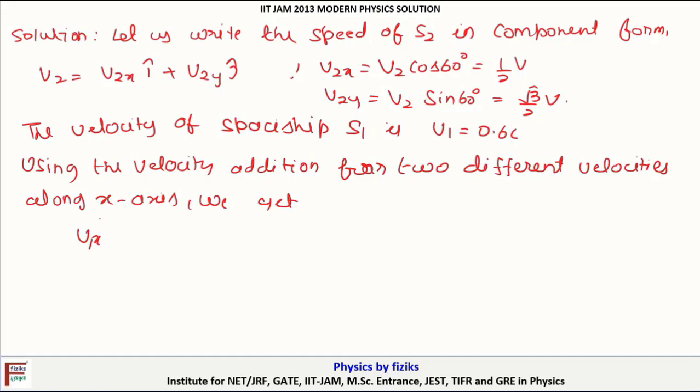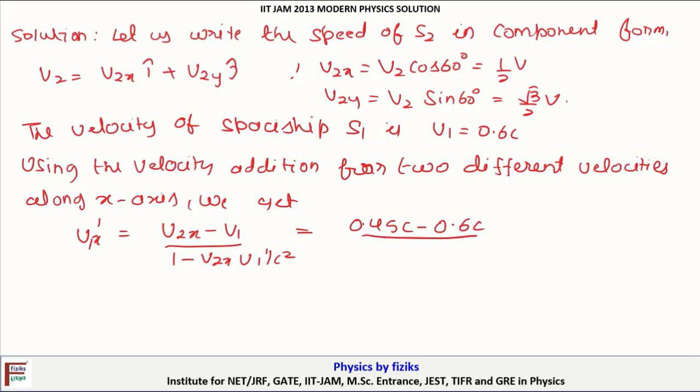So Vx1' would be (V2x − V1) / (1 − V2x V1/c²), which can be written as (0.45c − 0.6c) / (1 − 0.6 × 0.45) = 0.205c.